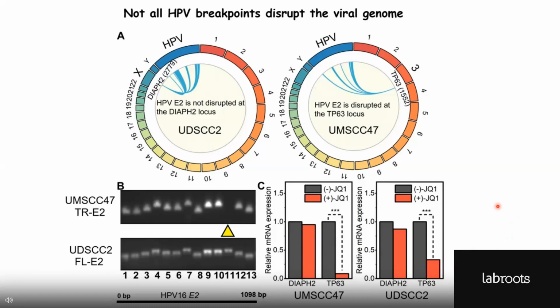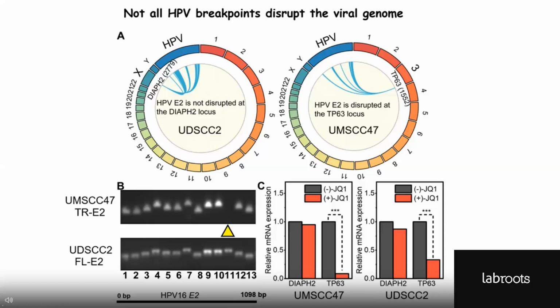So along with the data that I showed you that E2, E6, E7 were also downregulated, we also identified that wherever the insertion did occur in the host, the cellular gene was also downregulated at TP63. So which suggested to us that there were some integration-dependent effects occurring, and BRD4 selectively co-regulates some of the host genes as well.